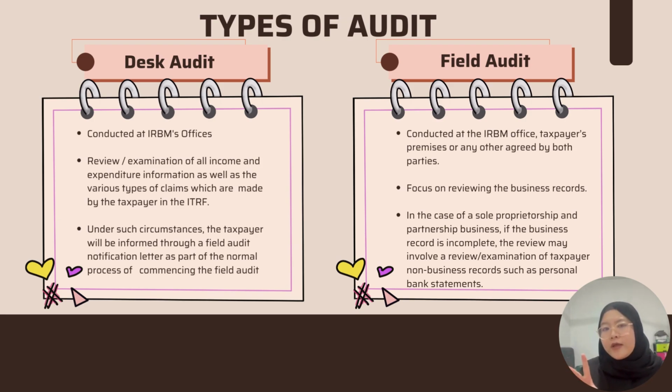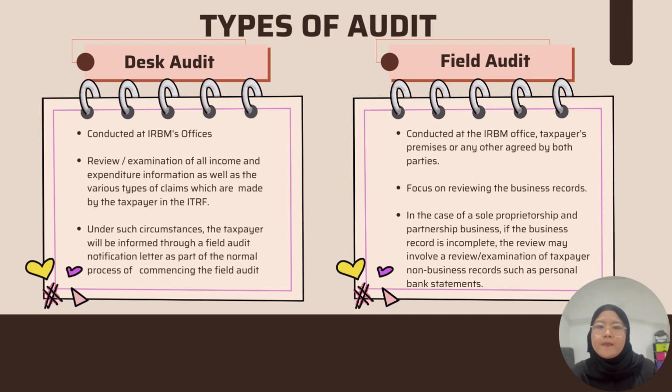There are 2 types of tax audit, which is desk audit and field audit. Desk audit is conducted at the IRBM office, and field audit is conducted at the IRBM office or taxpayer premise or any other place agreed by both parties.